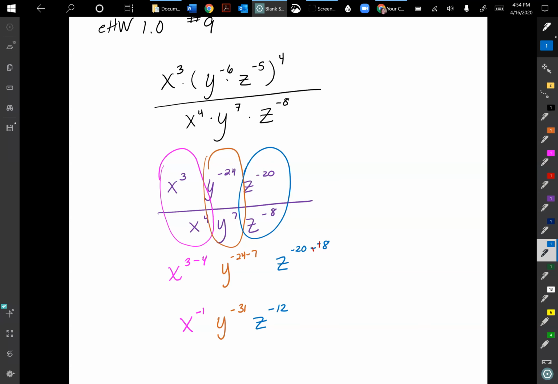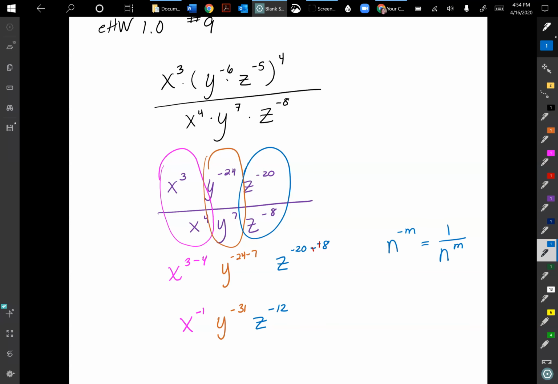Now these are all to the negative power, so we have the rule that says if I have n to the negative m, that would be 1 over n to the positive m. So we need to just put those underneath.